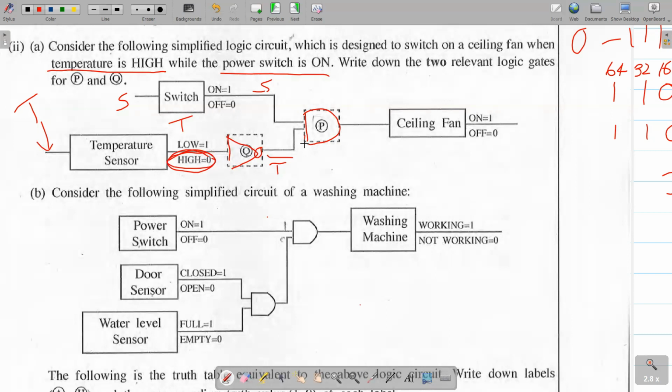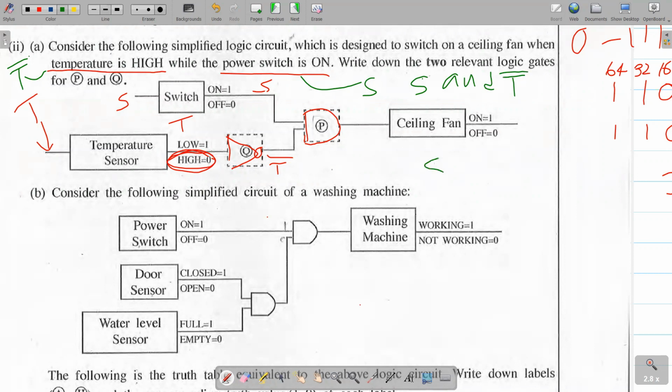We can also argue it this way: temperature is high means T bar, and the power switch is on means S. So for the ceiling fan to be operated, S and T bar should both happen.